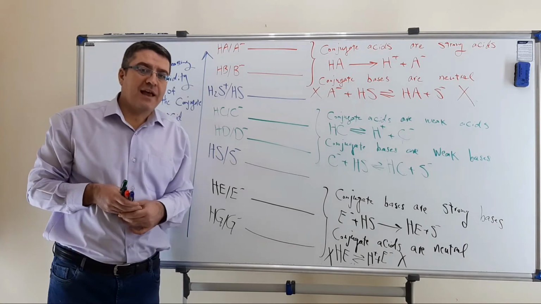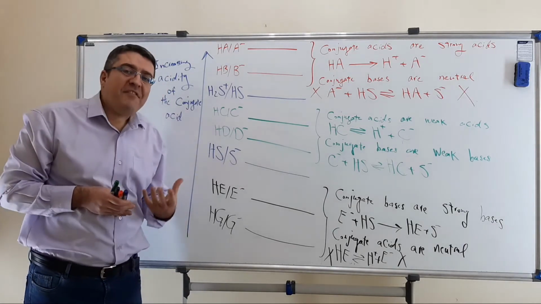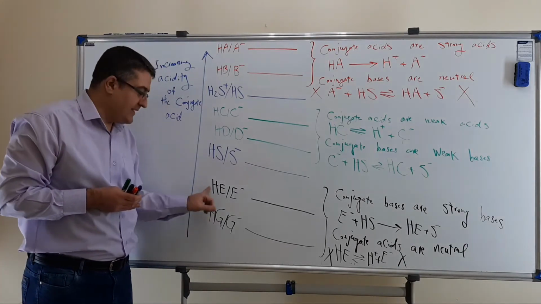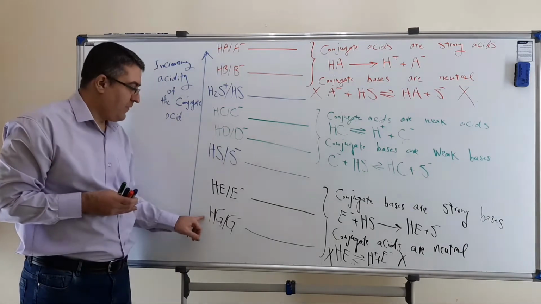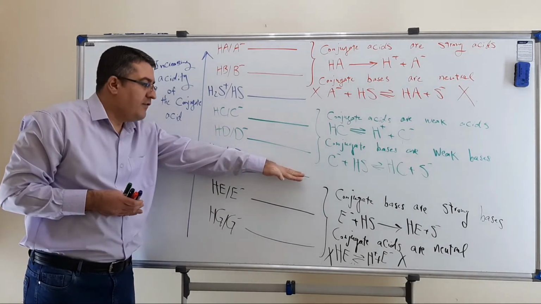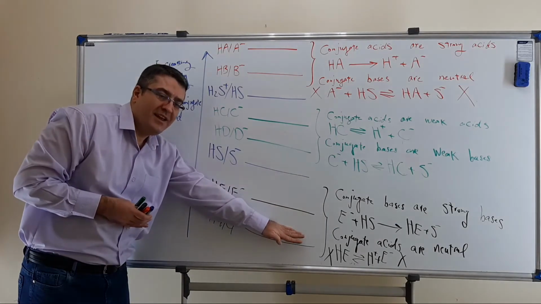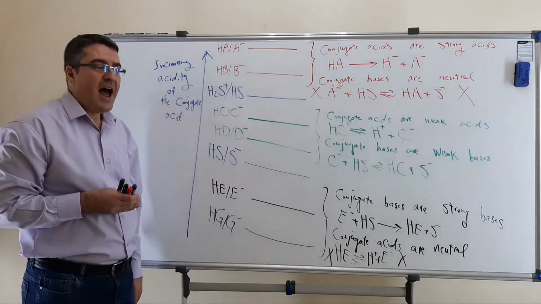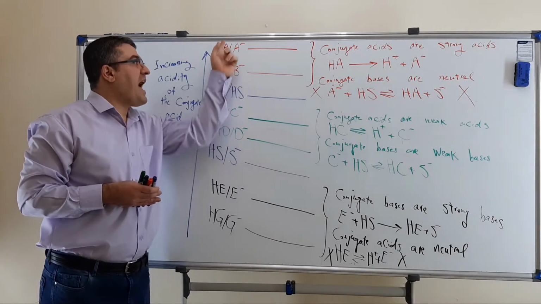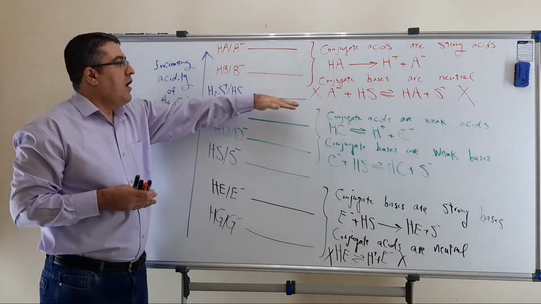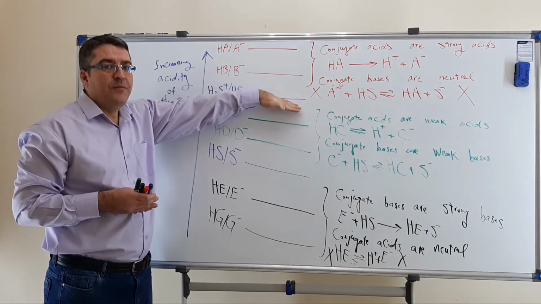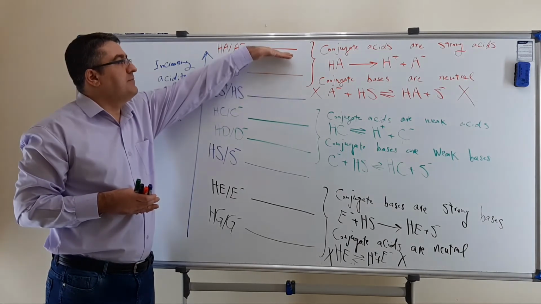We can also say that to have a differentiating solvent for strong bases, we should consider solvents with lower acidity. On the other hand, to have a differentiating solvent for strong acids, we should have a solvent with lower basicity.